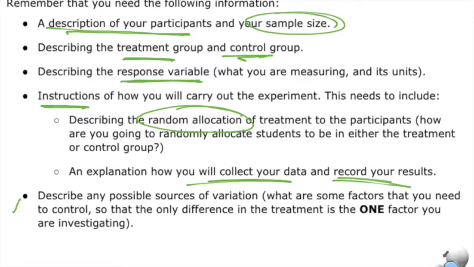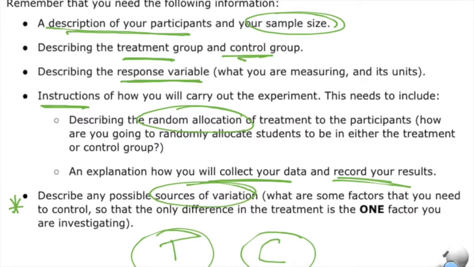And lastly, I need to look for any sources of variation. So remember, in an experiment, we want to have everything controlled so that the only difference between my treatment group and my control group is going to be due to the experiment itself, but I want to control all of the other factors.